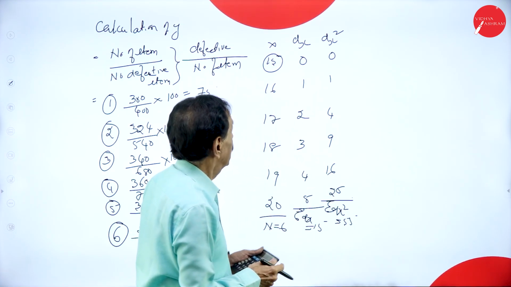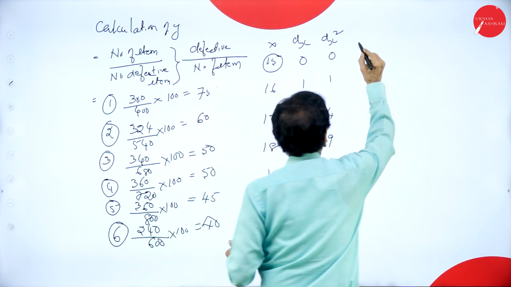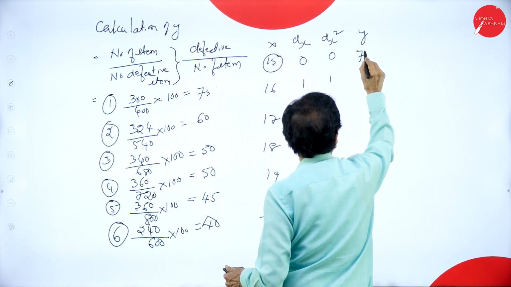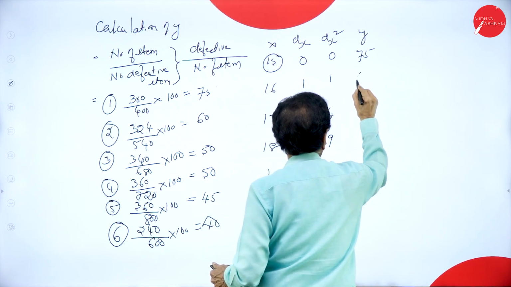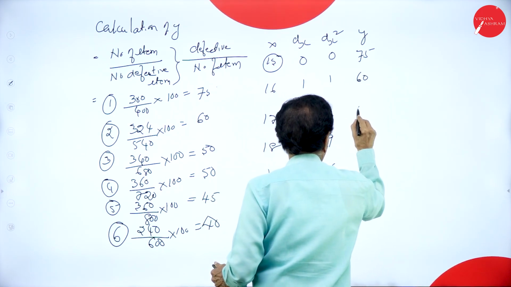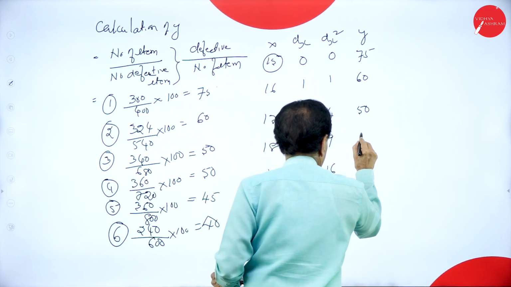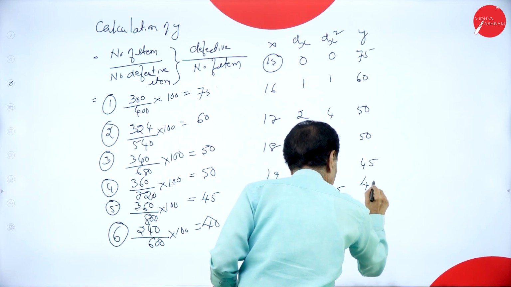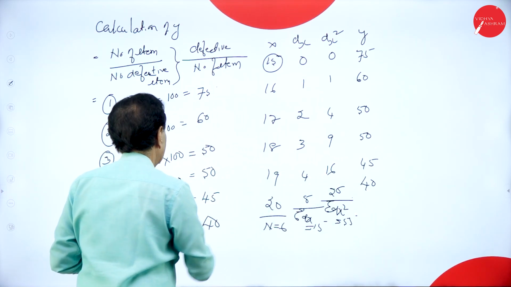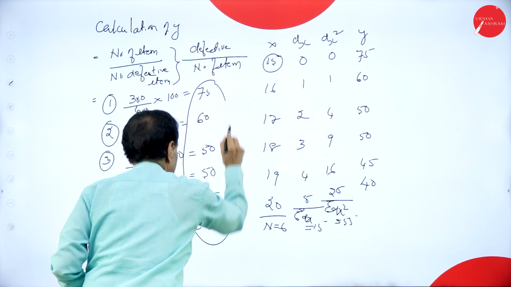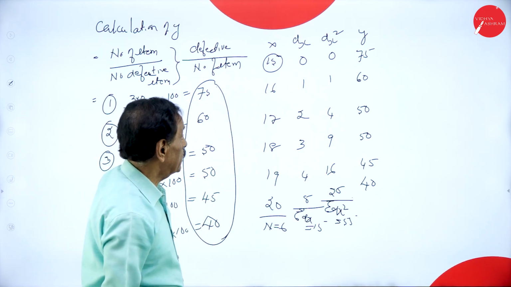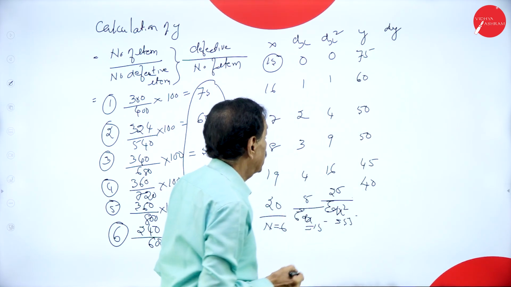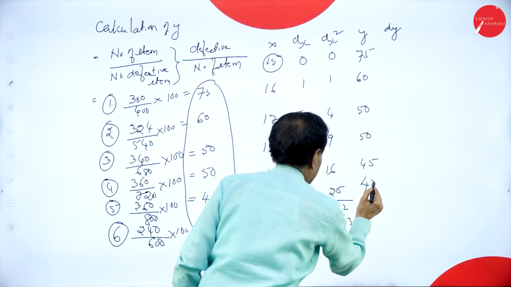Then come back to y. What's the value of y? 75, 60, 50, 50, 45, 40. Whatever I calculated can be put here. Which is the lowest number? 40 is equal to 0.